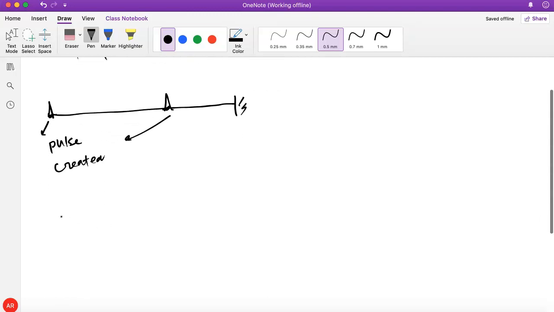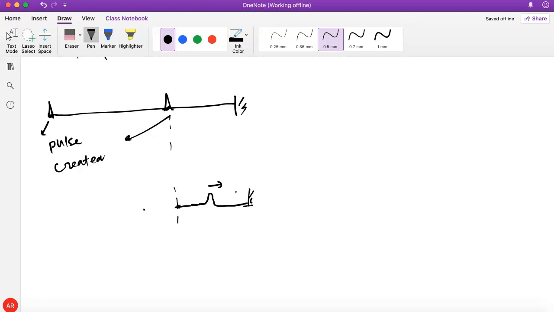So what happens, right? So a little bit later, you created a disturbance in the middle, right? So that disturbance typically moves in both directions. It propagates away from the source. So if that point was here, maybe we get something over here that's moving this way.